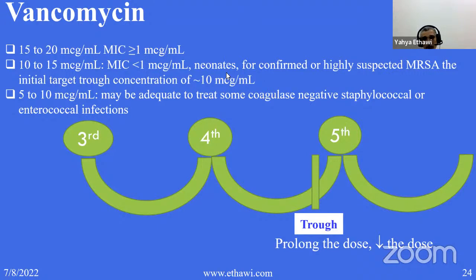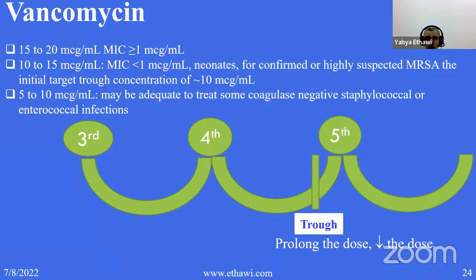We use it in a neonate for confirmed or highly suspected MRSA infection. That's why it's important as second-line therapy in babies who are already on first line, where infection was ruled out, and then you insert a central line and there is a suspicion of infection. With a central line, the likelihood of CLABSI, including MRSA, is very high.